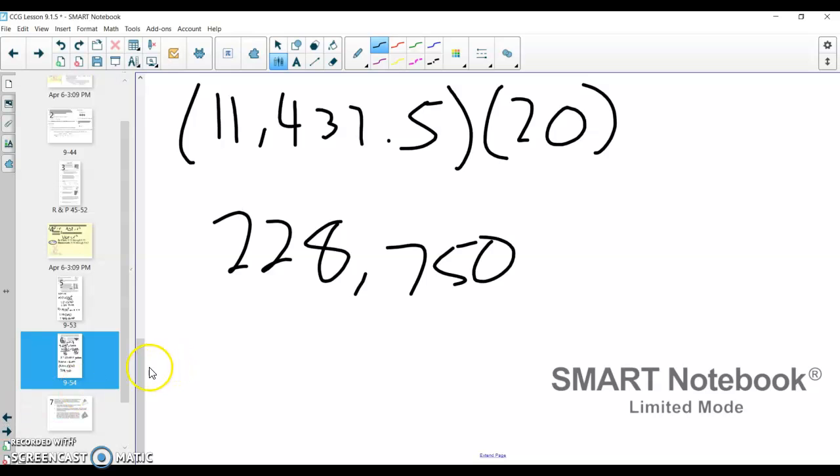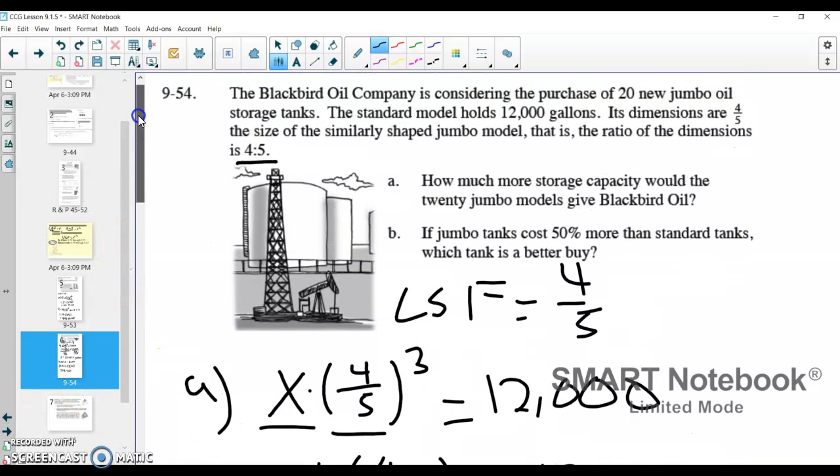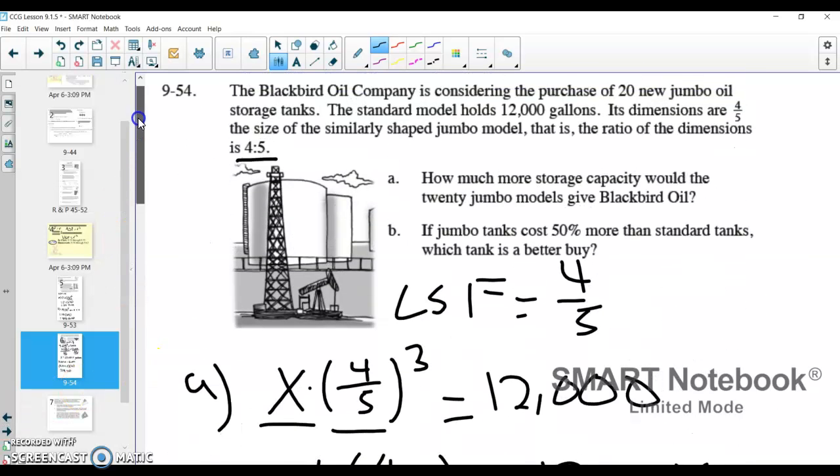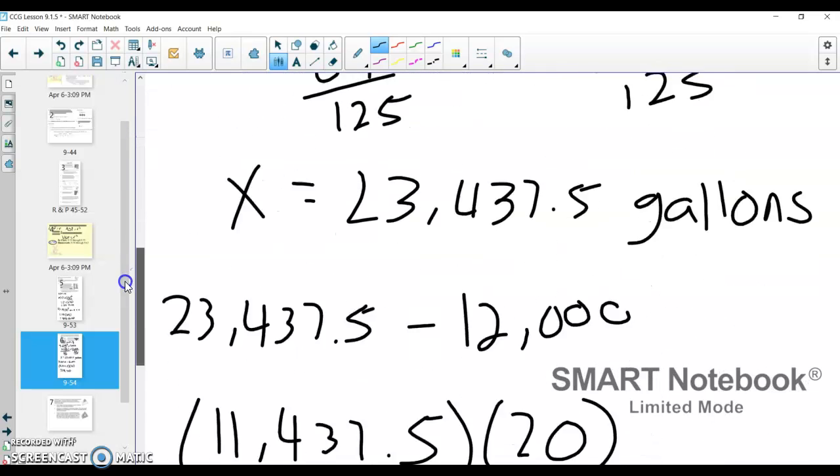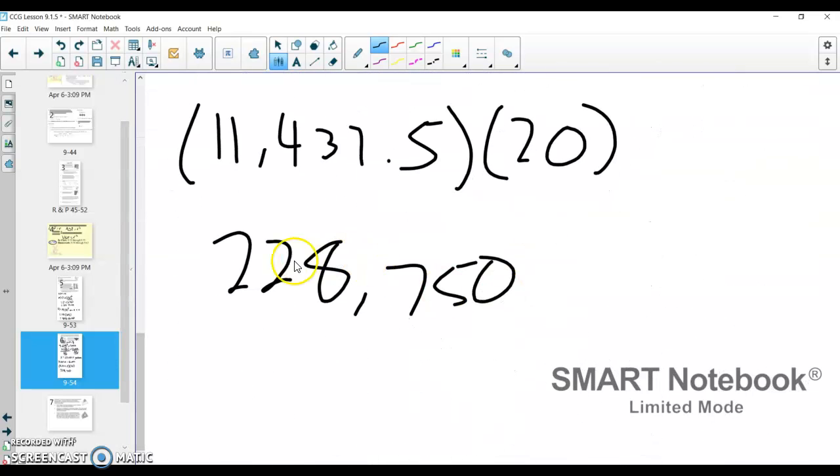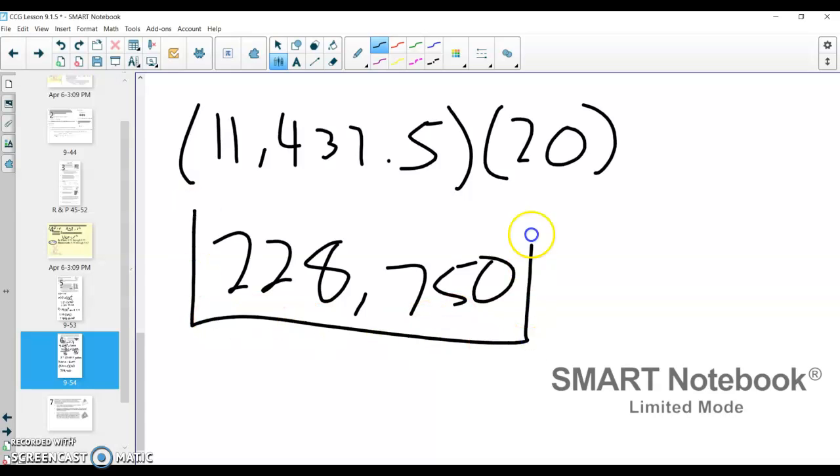Or to answer the question the way it's written, how much more storage capacity would they have if they bought 20 jumbo barrels? They would have 228,750 gallons more storage capacity. All right, and that's my answer right there.